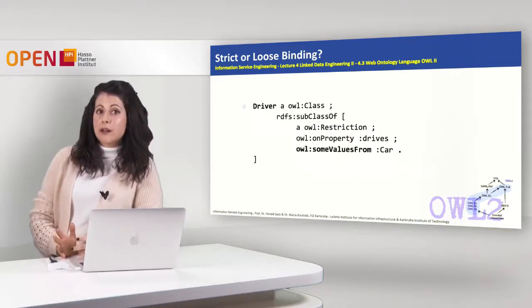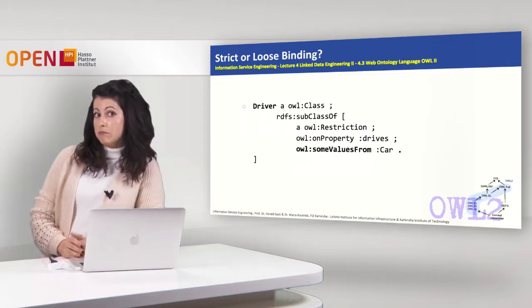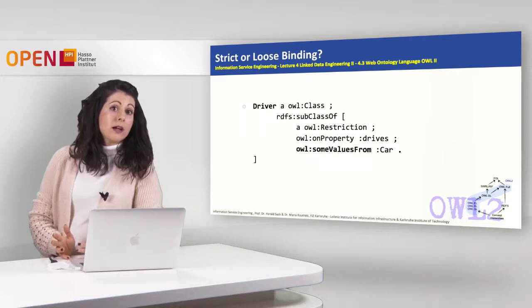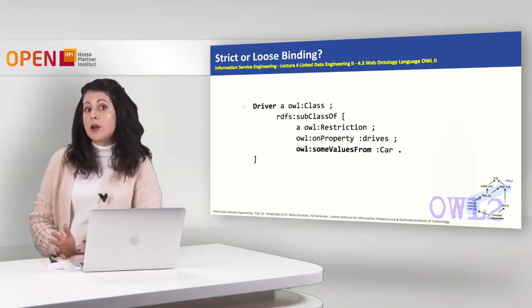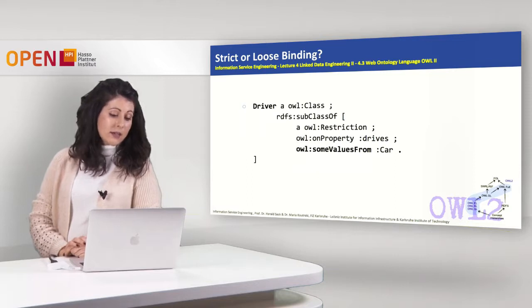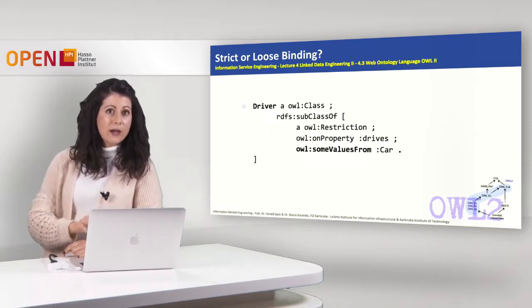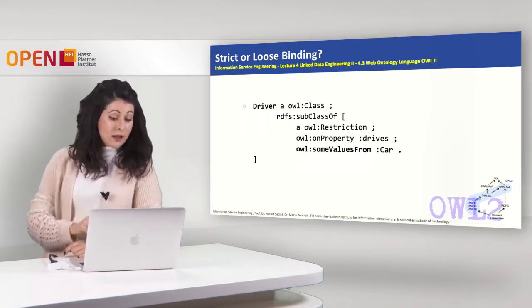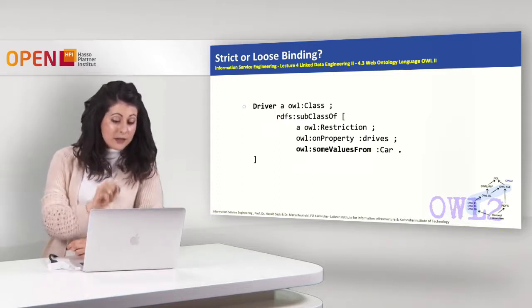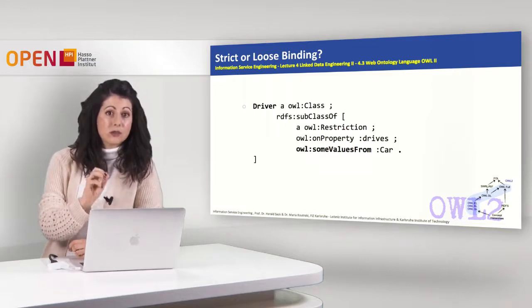So I want to define the class driver. What should it be? I would say that it's probably a loose binding, because it can be somebody who drives a car or who drives a bike. It's a loose binding, and exactly, this is how we do it here. You see that we define the class driver. It's an RDFS subclass of, and then we put the restriction there on a certain property, which is the property drives.